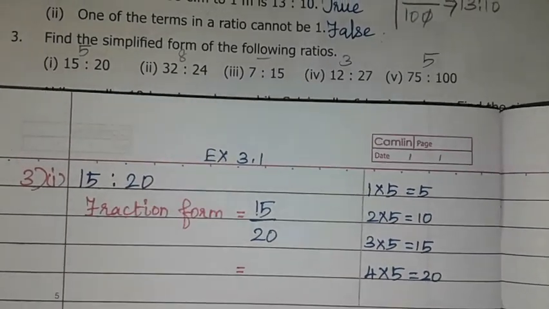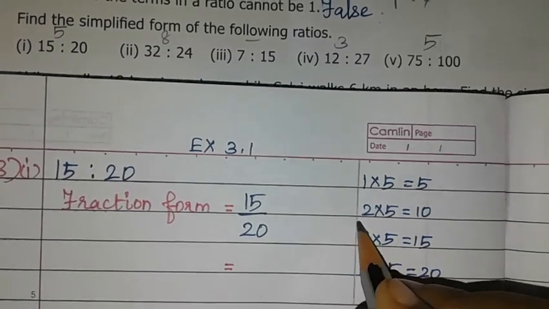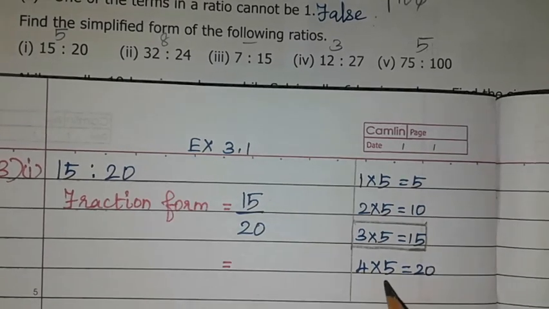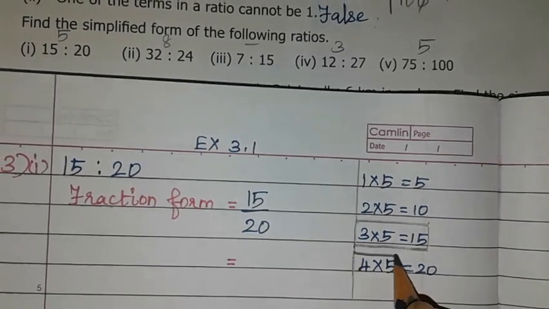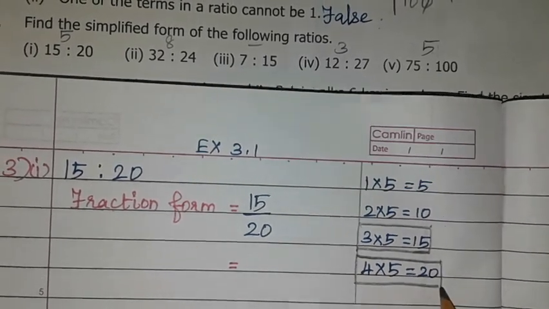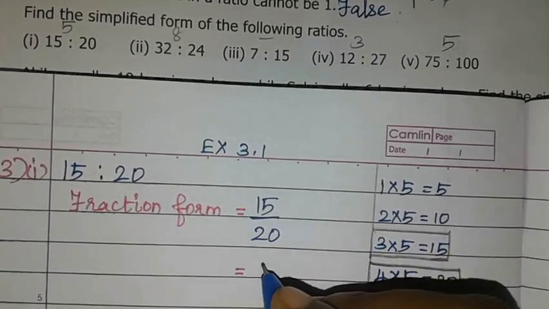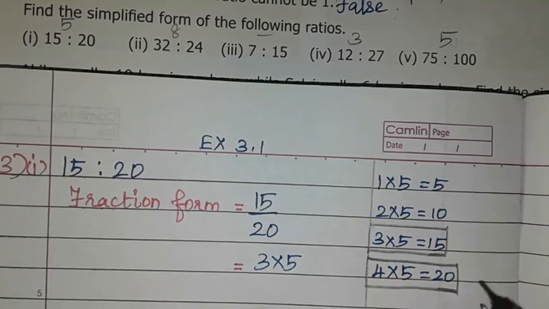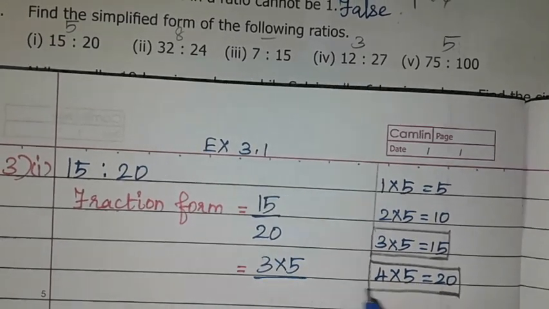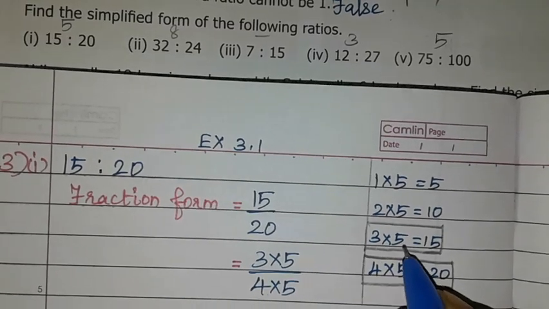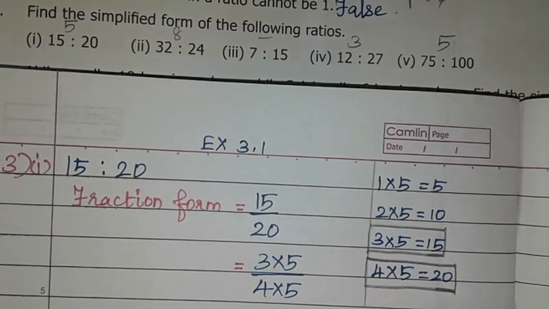Now see, 3 5s are 15 and 4 5s are 20. So I can rewrite this 15 as 3 into 5 divided by the 20 as 4 into 5, because 3 5s are 15 and 4 5s are 20.